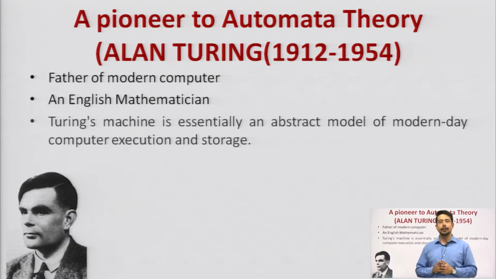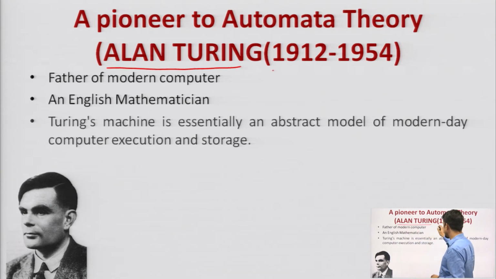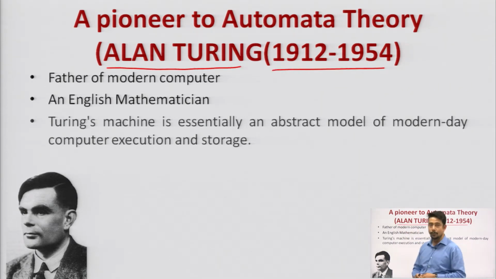In the next slide we come across an important person whose name you should always be well aware of. His name is Sir Alan Turing, and he lived from 1912 to 1954. During this era he developed the most powerful universal machine existing till now. Why? Because based on that model, all the different machines have been constructed.